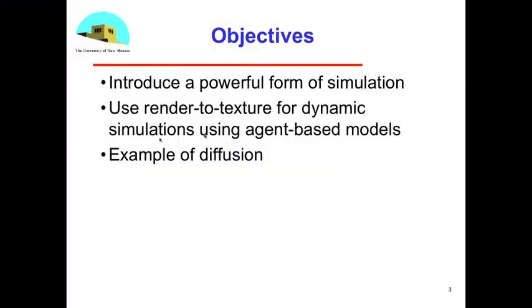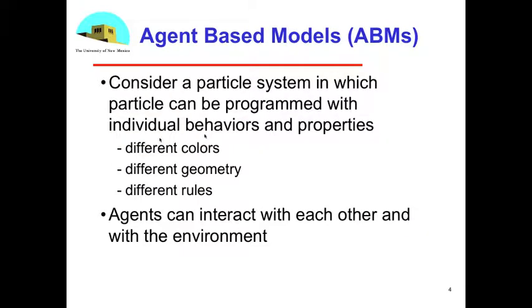Okay, so let's move back here. Okay, so render to texture and agent-based models are based on this kind of idea that we have a particle system. So we're going to talk about particles that move around, but they could have their own properties. For example, they can have different colors.